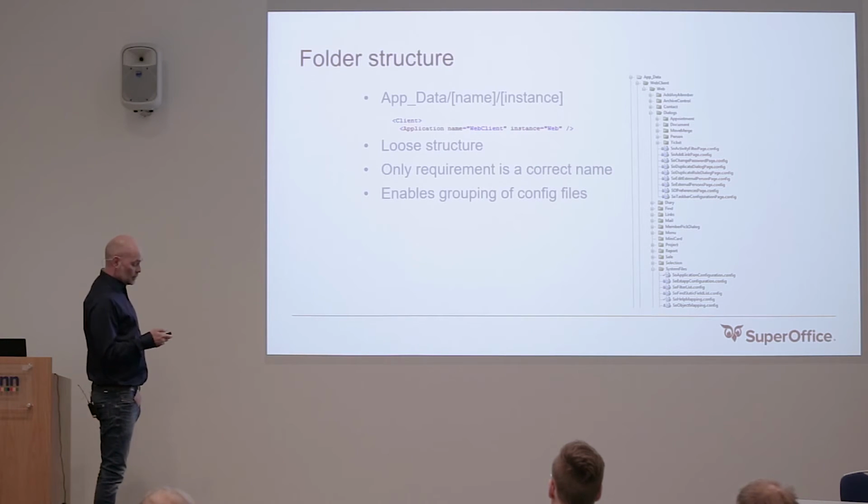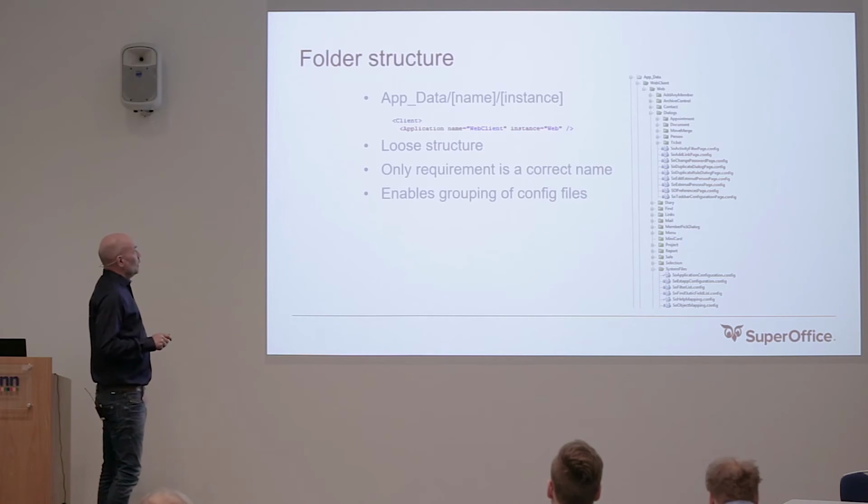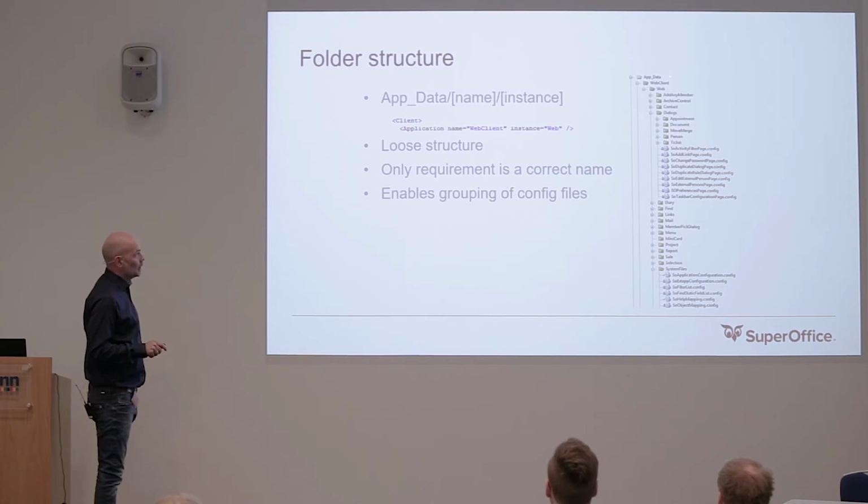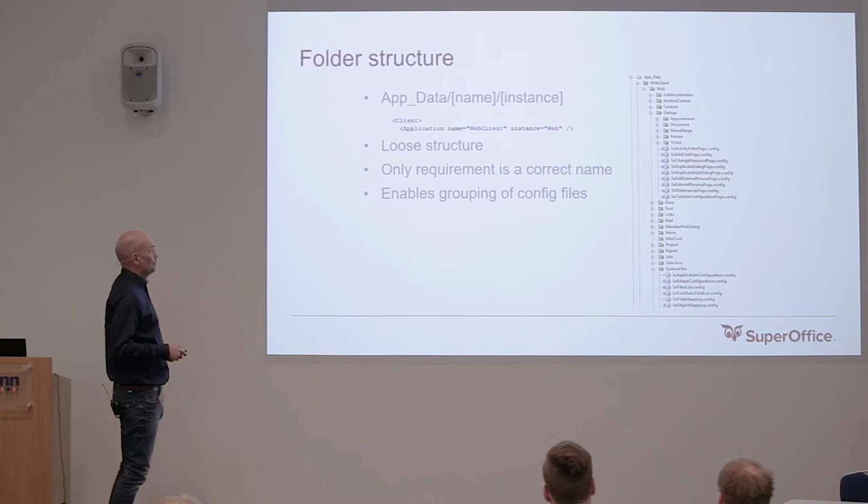Okay. This is the folder structure of our configuration files. This resides in the web application under app data. This folder structure is actually important because when you make a custom path folder, you need to put your custom files into the structure of that client, or else it won't find them.